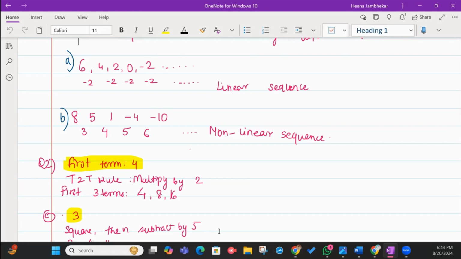Let's say your first term is 3. Next line, write the term-to-term rule is square, then subtract 5.